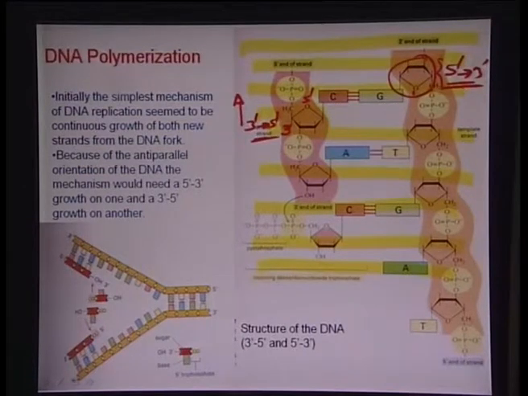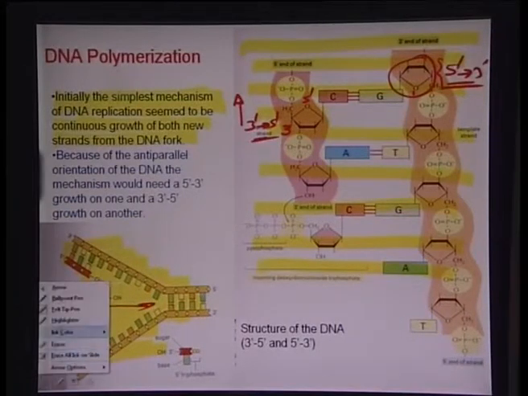So initially, the simplest mechanism of DNA replication seemed to be continuous growth of both strands or daughter strands from the DNA fork. So this right here is the DNA molecule, as you can see here, and if you see this closely, there is an unzipping action.